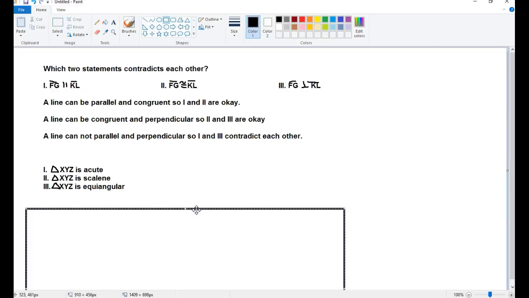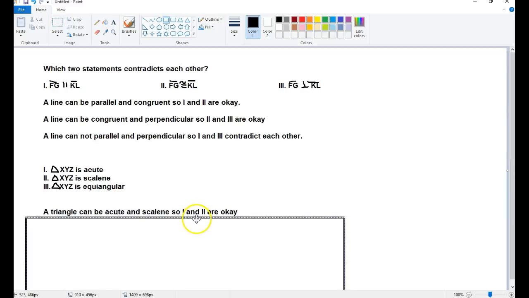If we do 1 and 2, acute means all angles are less than 90, and scalene means all sides are not the same. Yes, that can happen. How about acute and equiangular, where all angles are the same? Well, yes.